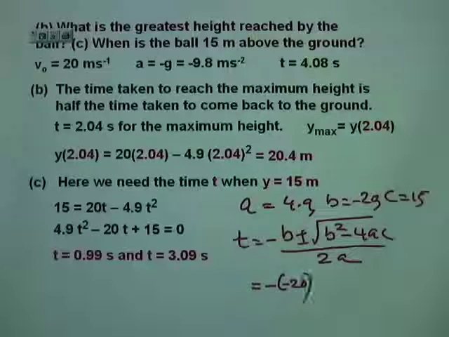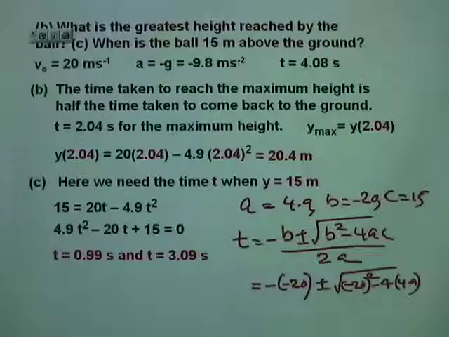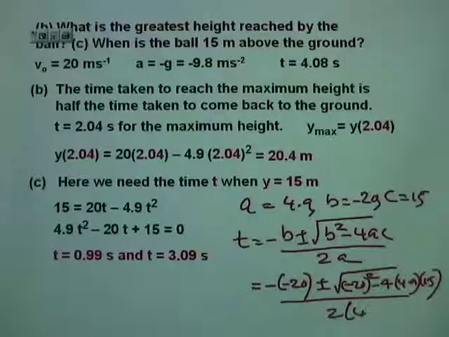Negative of negative 20 plus or minus square root of negative 20 squared minus 4 times 4.9 times c, which is 15, all over 2 times 4.9. Alright, I'm going to leave that for you to do.